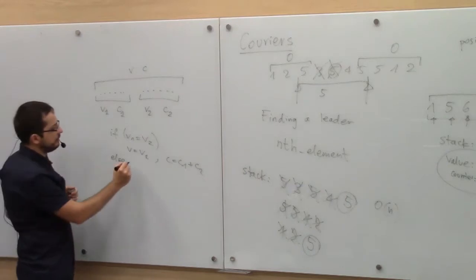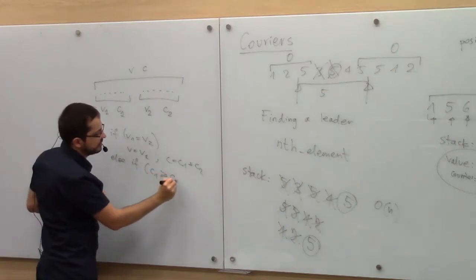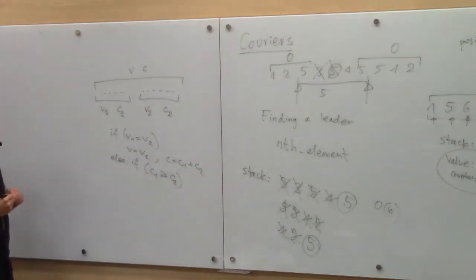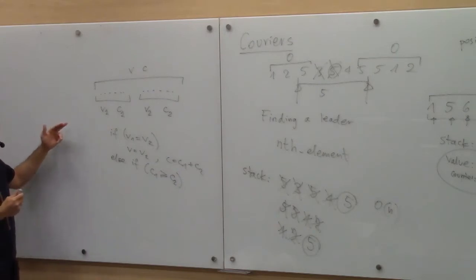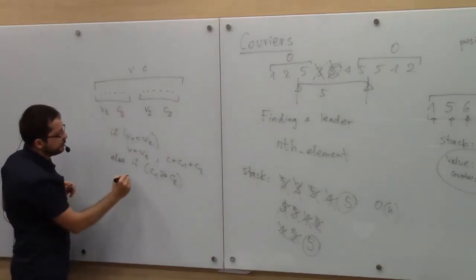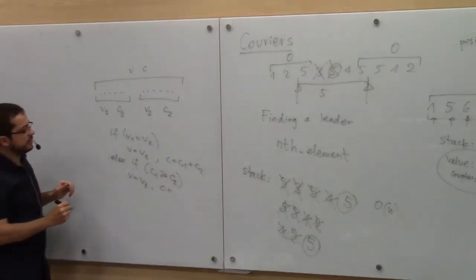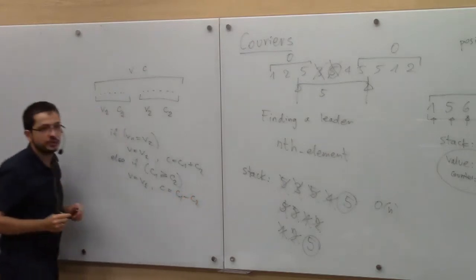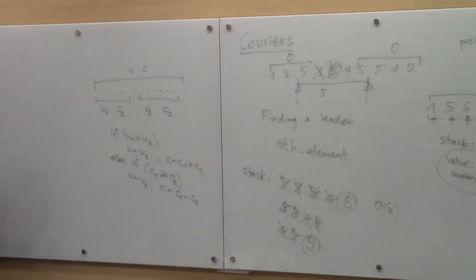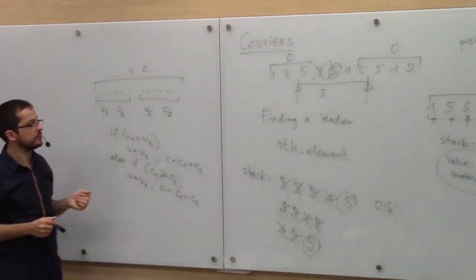So, for instance, if element V1 is at least as frequent as element V2, we can remove elements V1 and V2 one by one, until we end up not having enough elements V2. So basically it means that the candidate will be V1, and the counter for this candidate will be C1 minus C2. Yes, because we end up removing C2 pairs V1, V2 from the sequence.